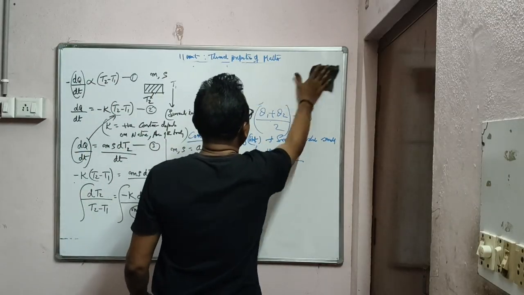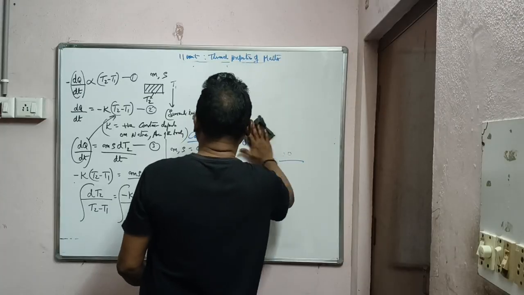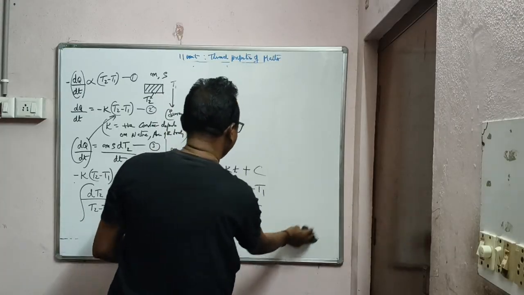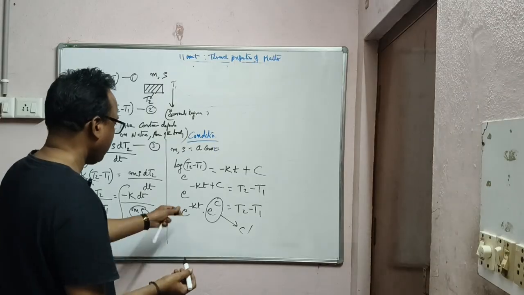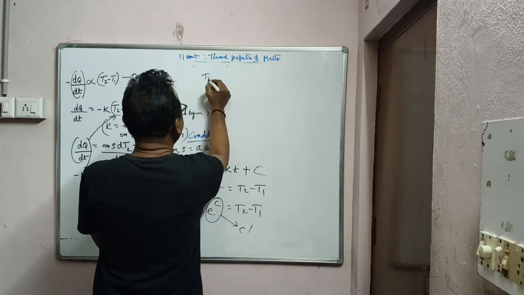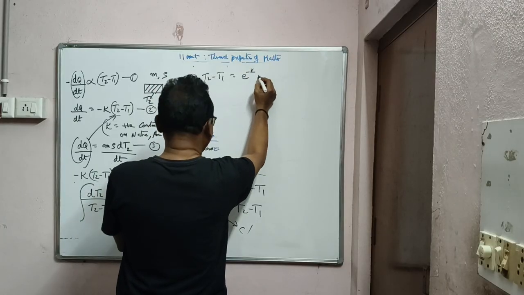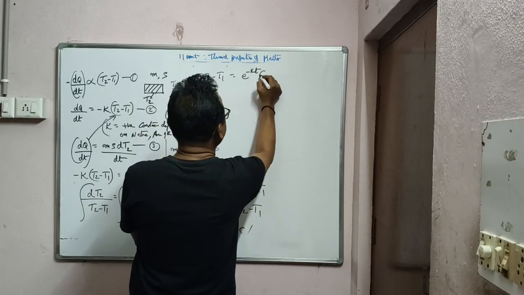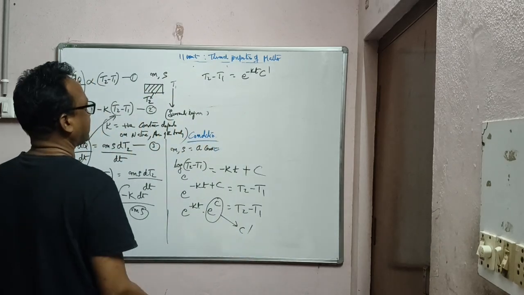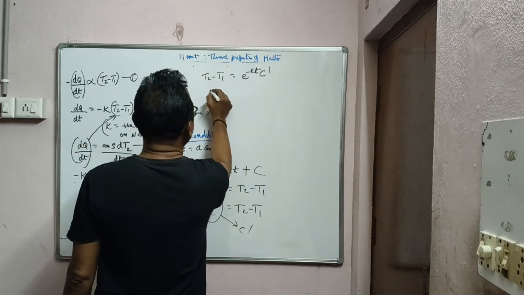So, LAQs, so you must give complete details, otherwise you won't get full marks. Okay? Right. So therefore what we got: T2 minus T1 is equal to e to the power of minus kt into c dash. So what is the surrounding temperature, or T2? You can add here.